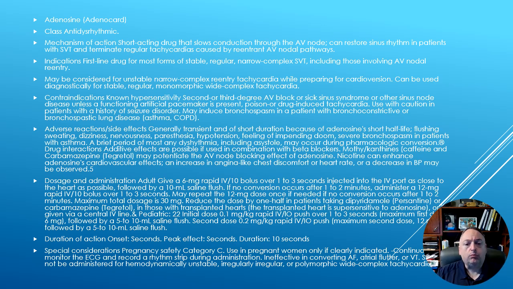The problem is if we don't give it in a way that gets it to the heart as quickly as possible, it's not going to work because the body has already metabolized it.